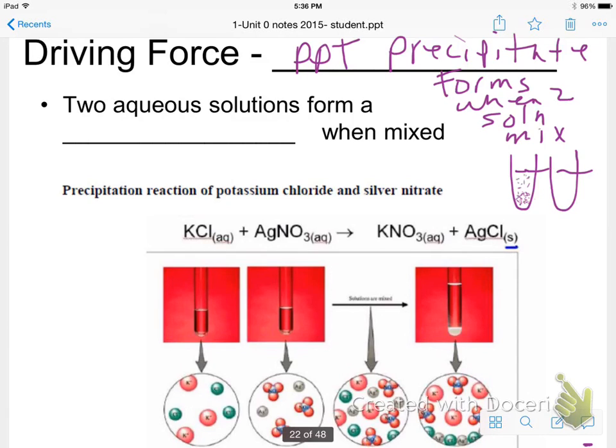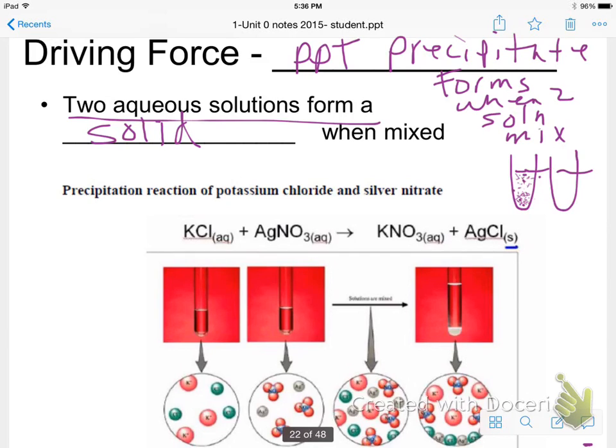That's a precipitate reaction. It's kind of like snow forming. You see this clear liquid suddenly have all these things form. You could think about them like the precipitation of snow, and they fall onto the ground and form a pile. Okay. So it happens when two aqueous solutions form a solid when mixed, and we call that solid a precipitate.